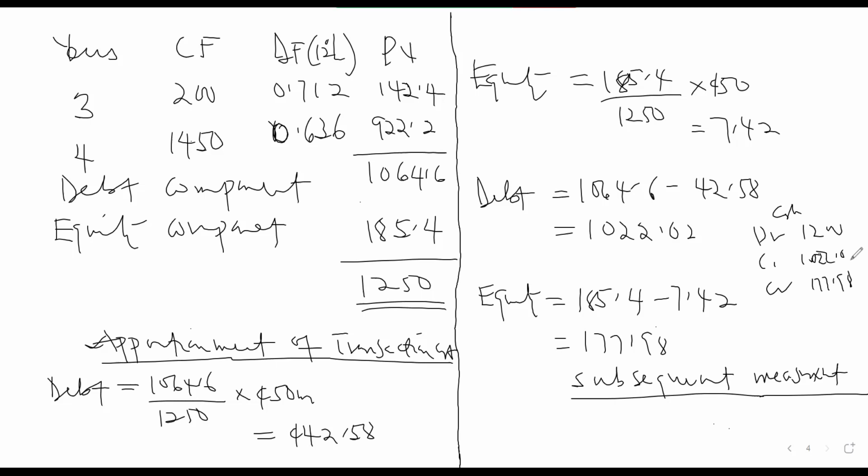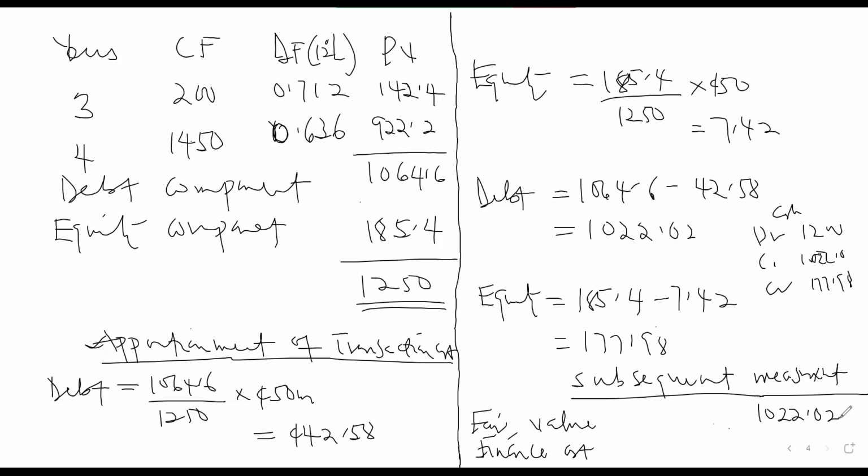But what will happen subsequently? Subsequently, the debt component must be subject to what? Amortized cost, where you are going to be paying interest. So we have the fair value to be 1022.02. So we have our finance cost.